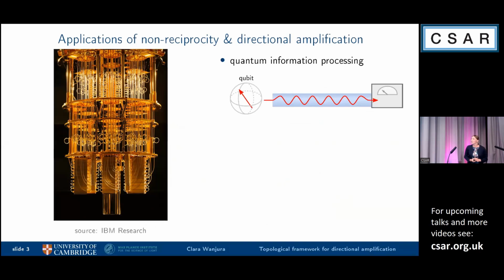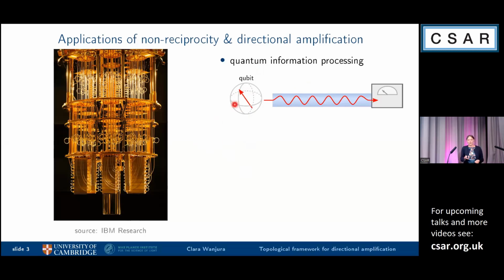And all the rest that you can see is intended to cool this quantum chip down to very low temperatures. And the reason why we cool them is to prevent noise from destroying our quantum information that is stored in a qubit. A qubit is a minimal unit of information in a quantum computer. However, we still need to be able to read out this qubit. And we need to be able to do this while protecting it against noise.